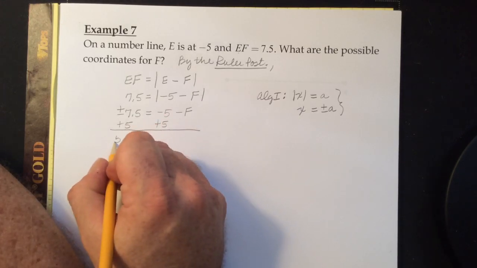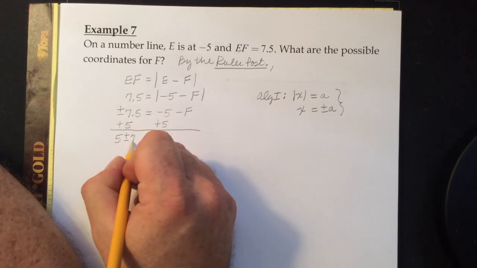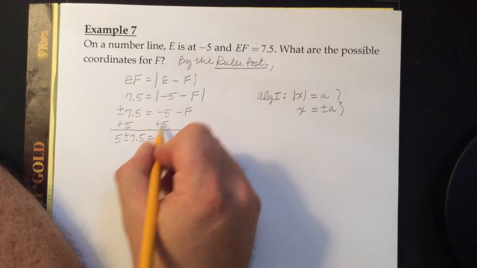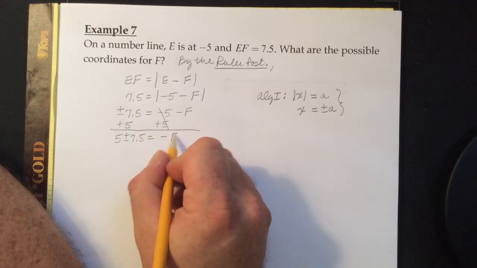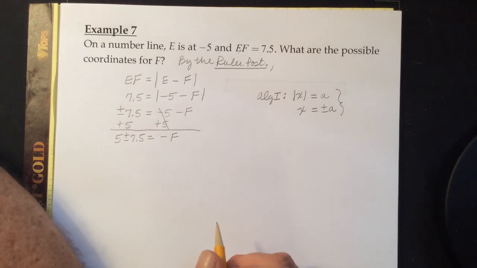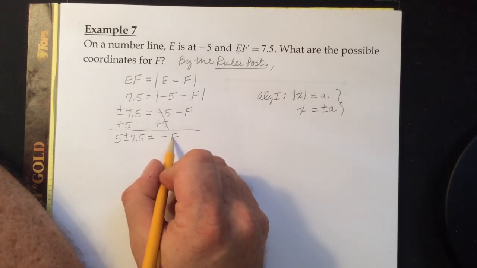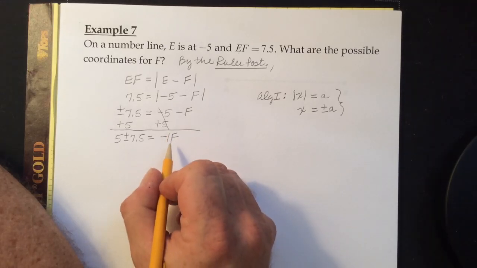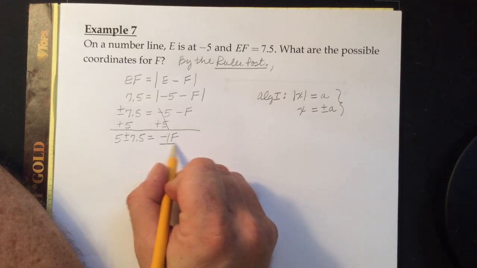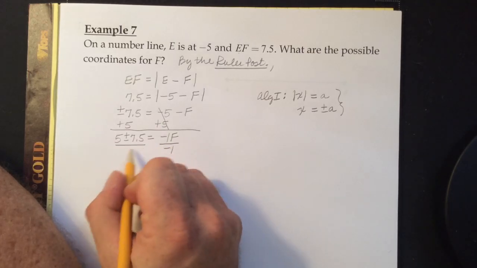When we do that, we get 5 plus or minus 7.5 equals, that's 0. We're left with -f. Now, this -f is really -1f. To get rid of -1f, we can divide both sides by -1.